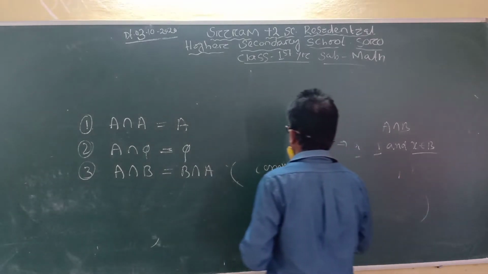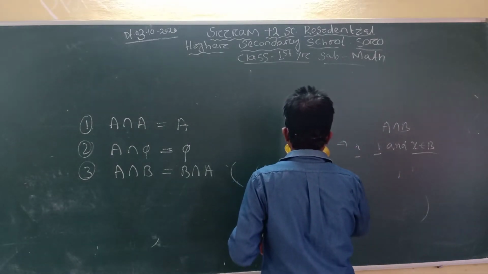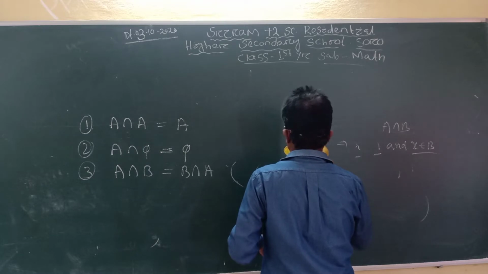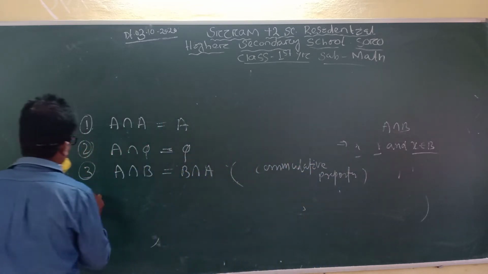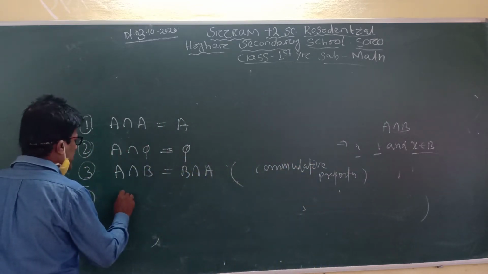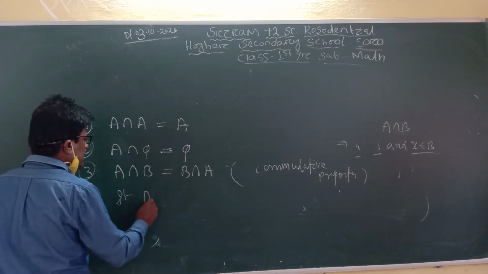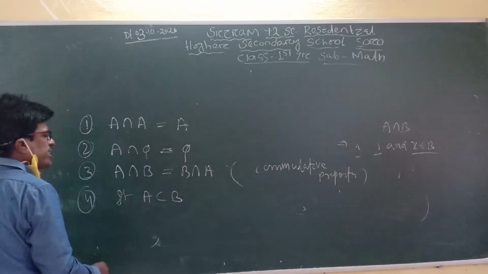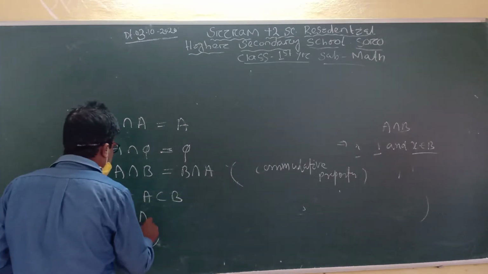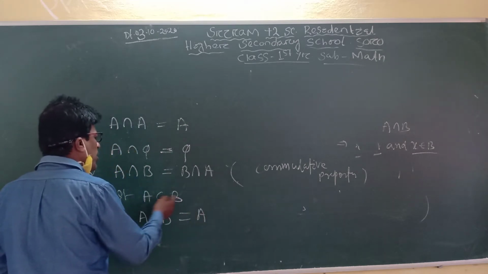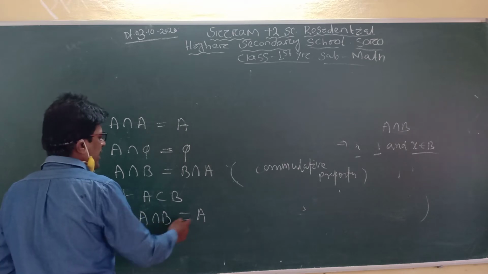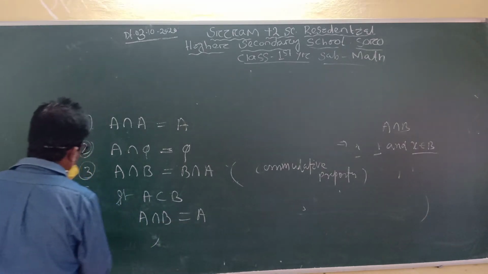And 4: if A is a subset of B, then A intersection B is equal to A, because all the elements of A belong to B. That is property 4. And property 5.